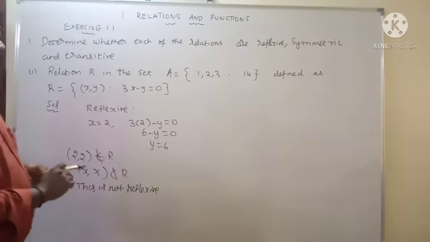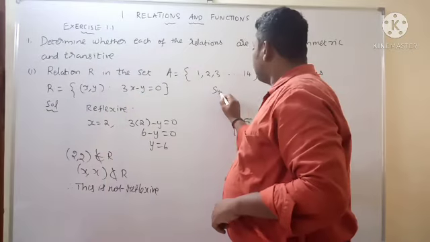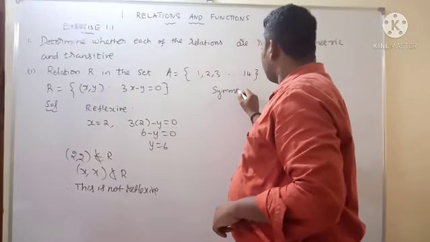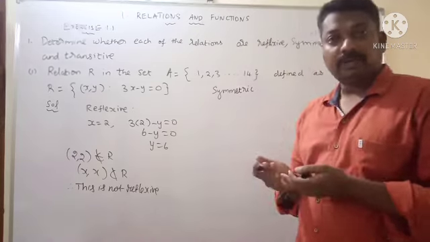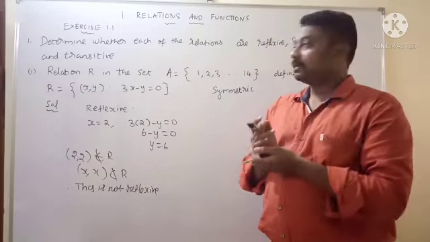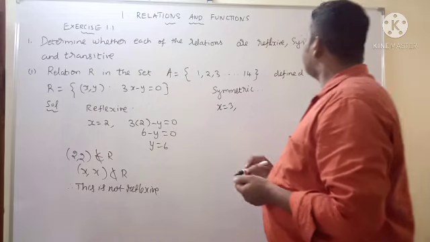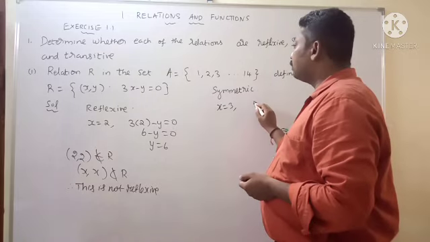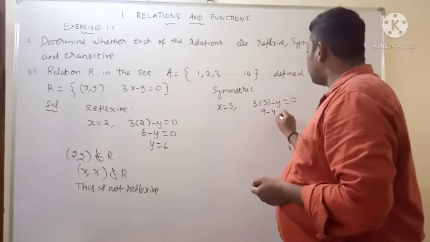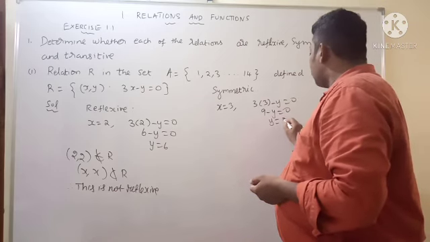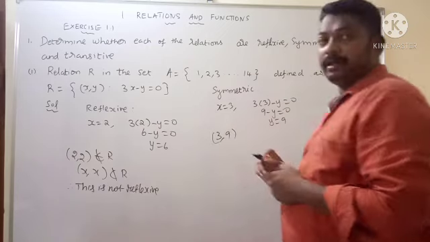Now let's check for symmetric. What is symmetric? For the input of x we are getting y, and for the input of y we should get x. Again take a value x equal to 3. So what is y? 3 into 3 minus y equal to 0, so 9 minus y equal to 0, so y equal to 9. So for 3, we are getting image 9.